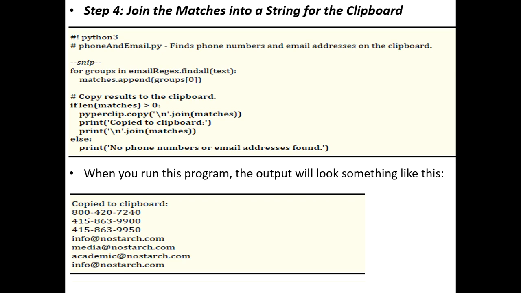Once it is copied to the clipboard, this output is going to appear if the text we have copied to the clipboard contains email addresses and phone numbers. For a moment, assume that the text we have copied to the clipboard does not have any phone numbers or email addresses. In that case we are going to get this message: no phone numbers or email addresses found.